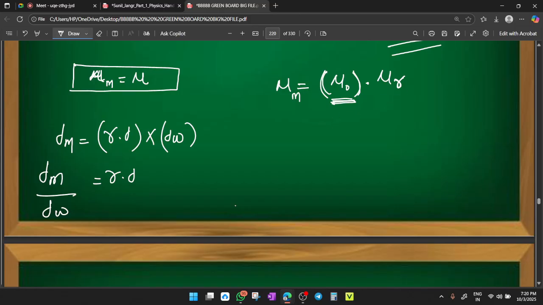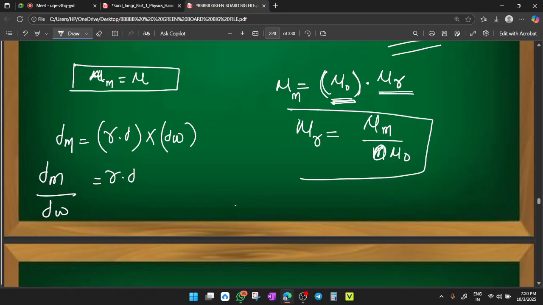So here mu r, relative permeability, equals permeability of the medium divided by permeability of the air. When you compare the permeability of any medium with respect to permeability of air, the factor that comes out is called relative permeability.